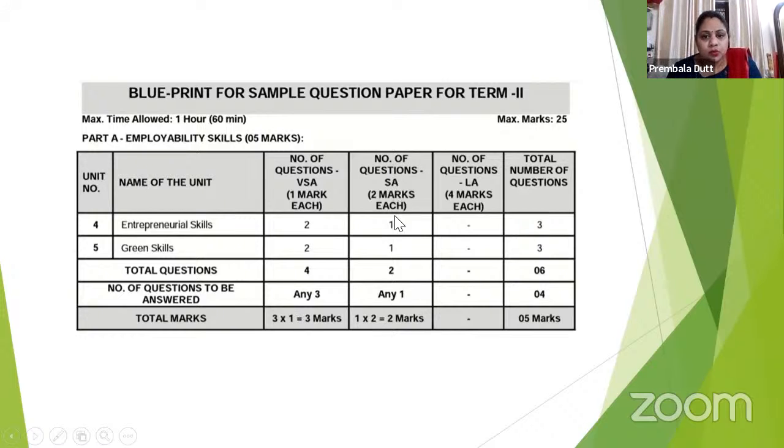Again, for short answers, you could see entrepreneurial skills has a short answer for this chapter, and there will be a short answer for green skills. Amongst these 2, the child has to attempt only 1. So this is the blueprint.